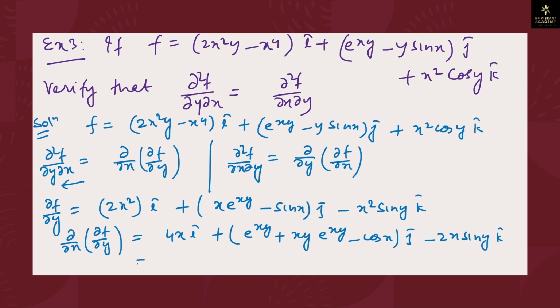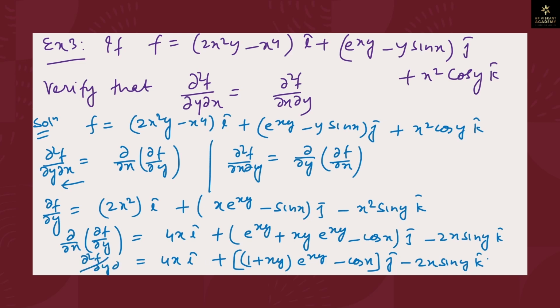So this is equal to 4x i cap plus (1 plus xy) e to the power xy minus cos x j cap minus 2x sin y k cap. Okay, so this is the expression for del 2f upon del y del x.